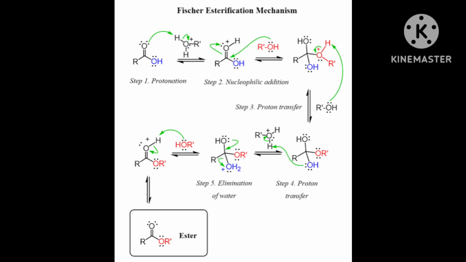Now 1 Cl is remaining with the SOCl. Then that Cl will also go from the SOCl, both Cl will go. Whenever it goes, it goes as Cl minus.